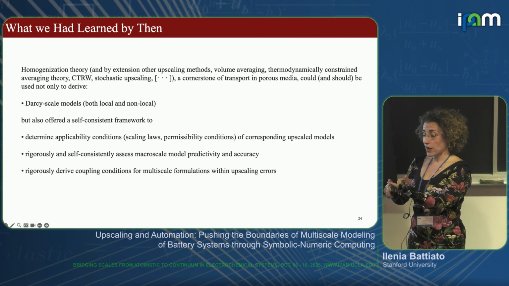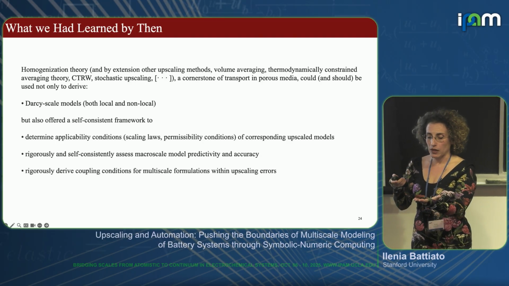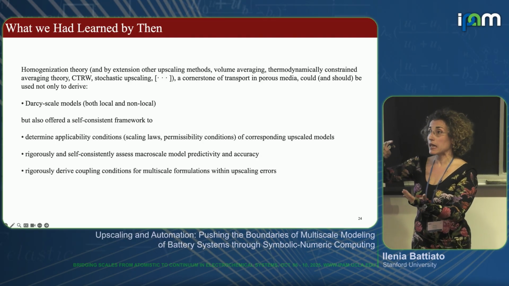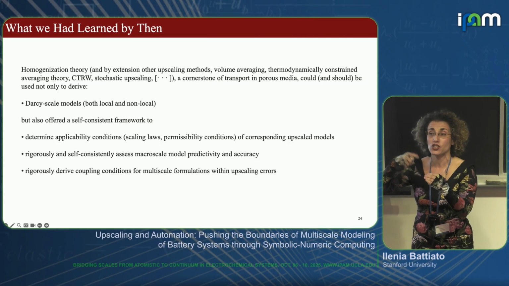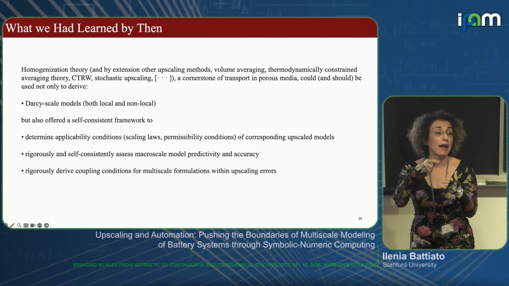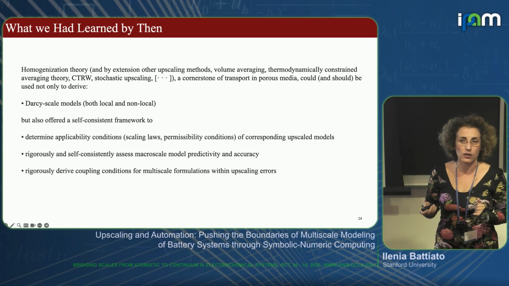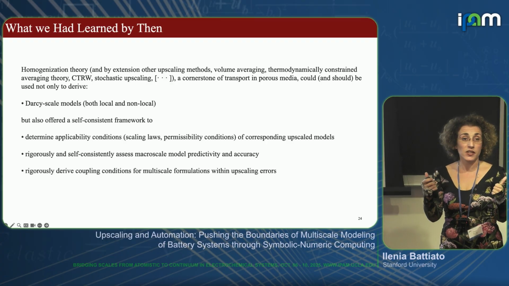How? Because if I know the applicability conditions, I also know that if the model I derived is correct, then the upscaled model needs to match the average of the pore-scale by errors that are not larger than epsilon, which is what is enforced by the theory. So I can do an immediate numerical check of the errors. Is it good?